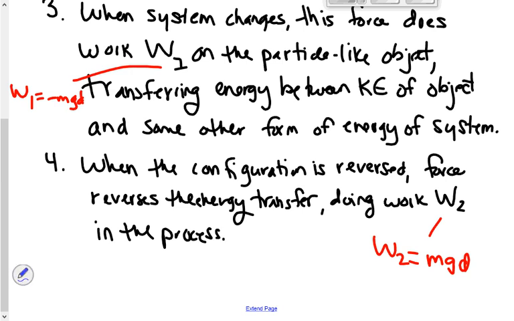So take a look for a minute at what W1 and W2 are, because in this situation, we know that W1 is the negative of W2. And we know that that work done is equal to the change in kinetic energy.